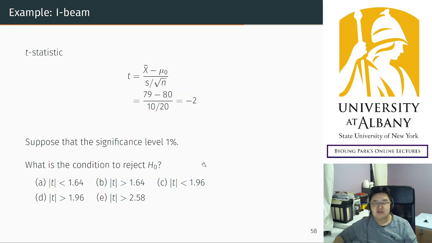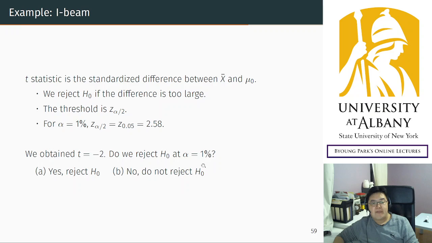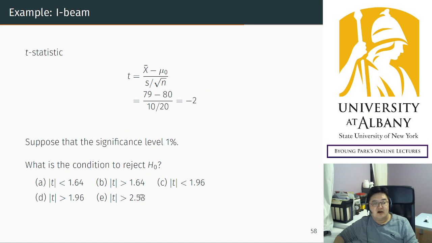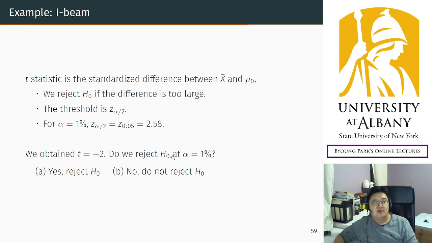Okay, think about this. The answer is E. For the 1% significance level, the top alpha over 2 probability is 0.5%. So you have to go to the top 0.5% value, which is 2.58 according to a normal distribution calculator. So this is the cutoff level.